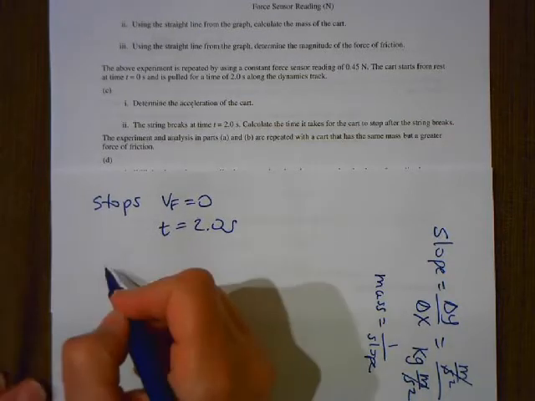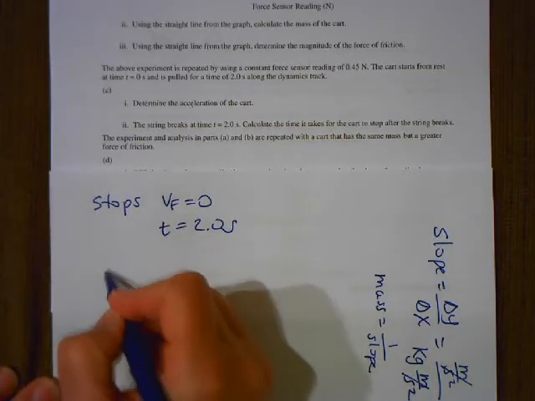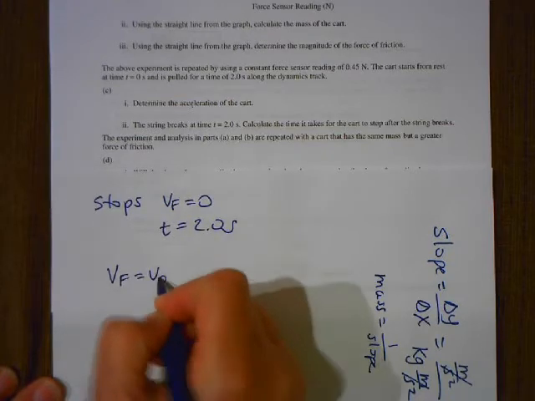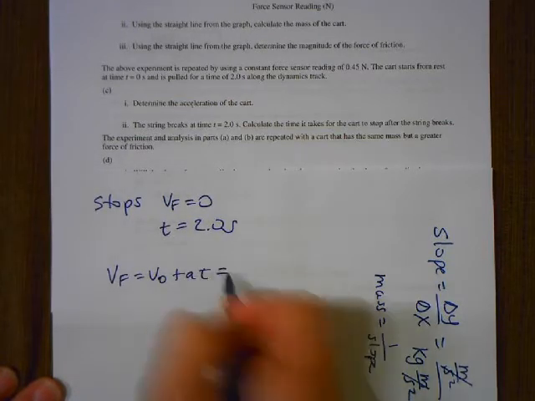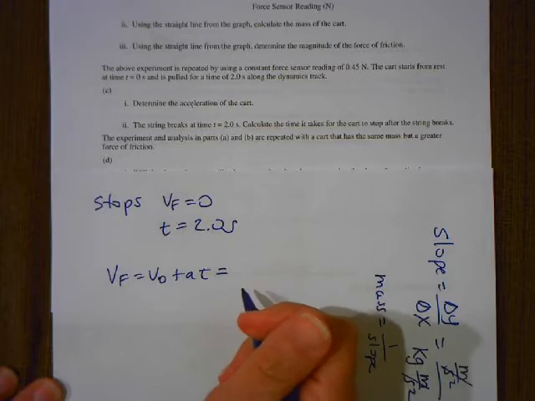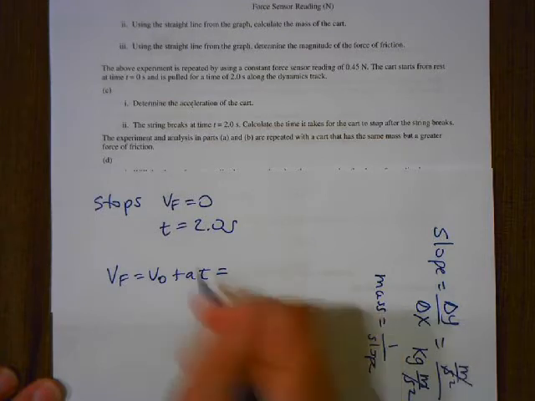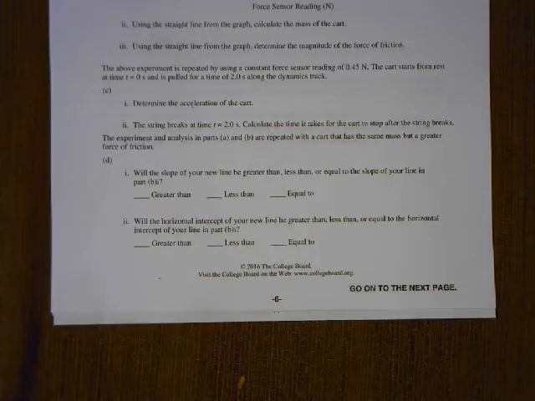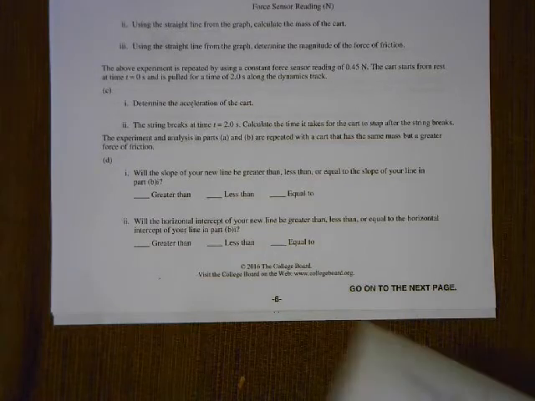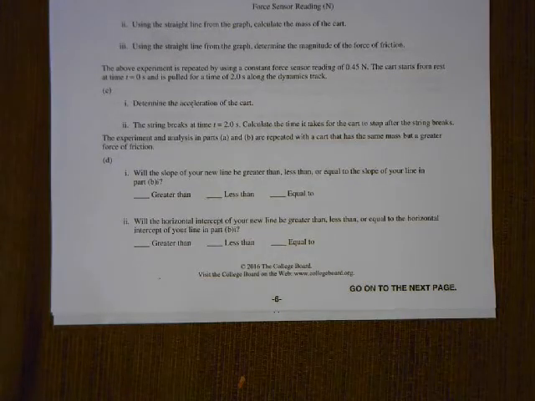So again, we can use one of our kinematic equations. If I use Vf is equal to V naught plus at, I can find Vf. We're going to use kinematics for that part, and I'm going to go over these in detail in another video. I just want to give you a head start here.